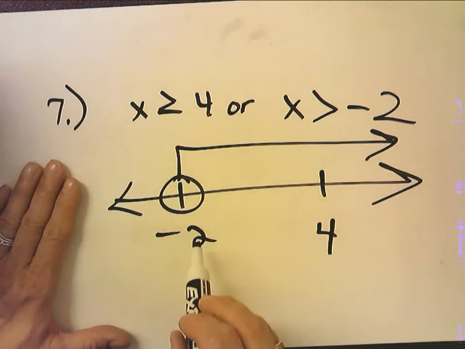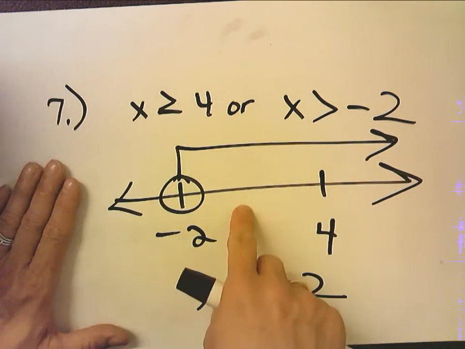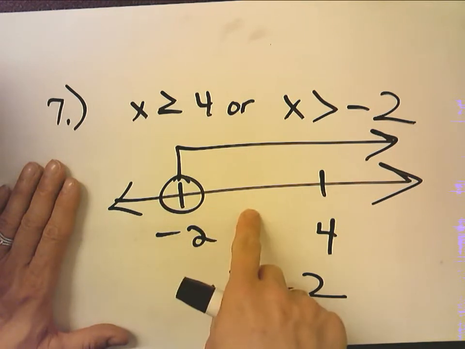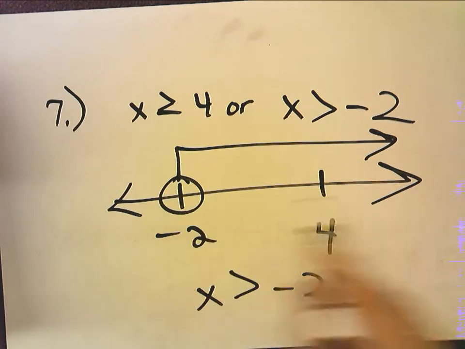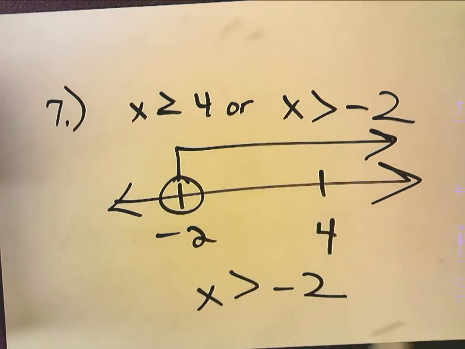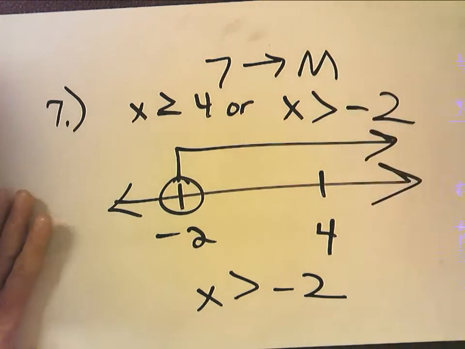Well, the most inclusive one would be x is greater than negative 2, because anything greater than 4 is automatically greater than negative 2. We're not looking for the overlap, we're looking for the most inclusive. X is greater than negative 2 is the most inclusive, and that's M. So 7 is M.